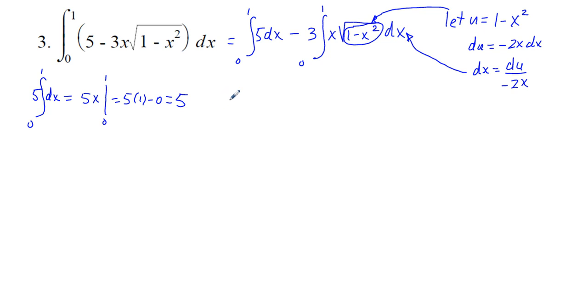And I'm going to start that over here. So we're going to have negative 3, the integral from, we're going to reset our limits of integration, but we have x here, and we have square root of u, so I'm going to say u to the 1/2 power, and then, replacing dx, we have du over negative 2x.